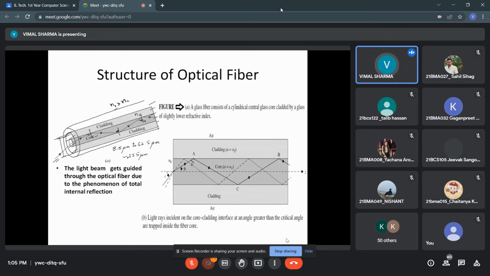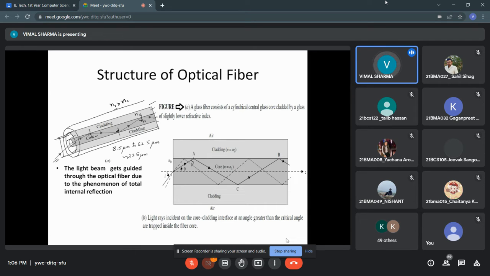As we discussed yesterday, the material of optical fiber is generally glass, silica. It consists of two coaxial cylinders, both made up of the same material, that is glass, silica.